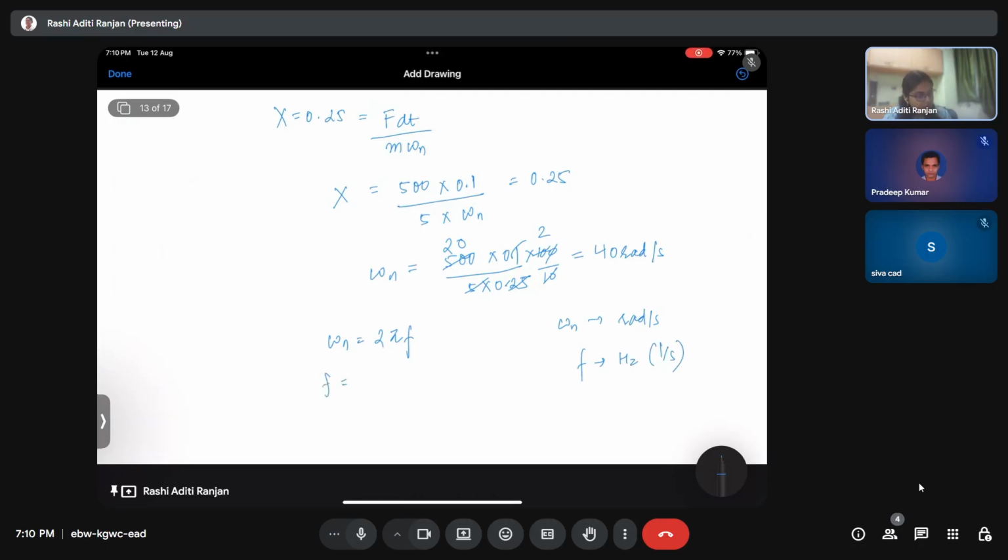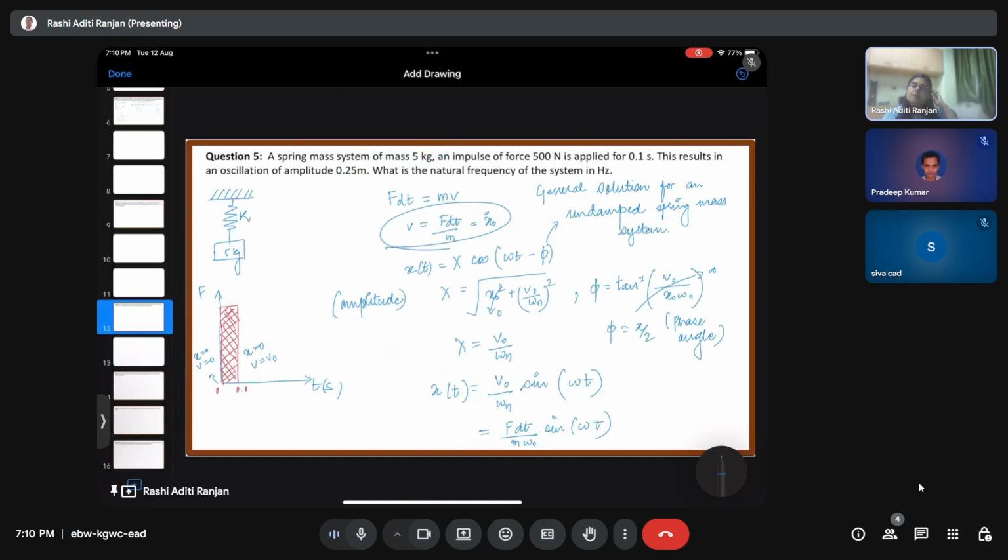So f is omega n by 2 pi, which turns out to be 40 divided by 2 pi. This gives a value of 6.366 hertz. So this is the final solution.